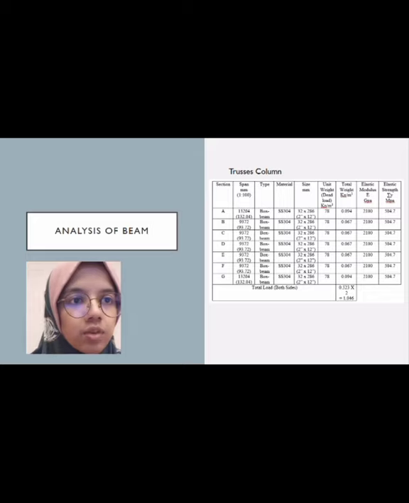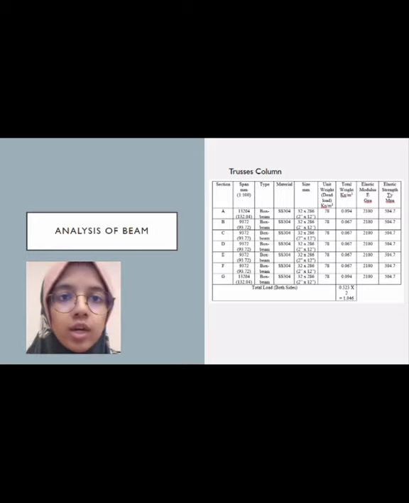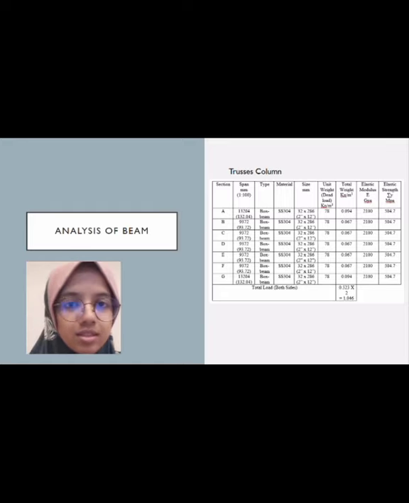And the total weight for section A and G is 0.094, and the total weight for section B till section F is 0.067. The elastic modulus is 2100, and the elastic strength is 504.7. The total load for both sides is 0.523 times 2, and we get 1.046.